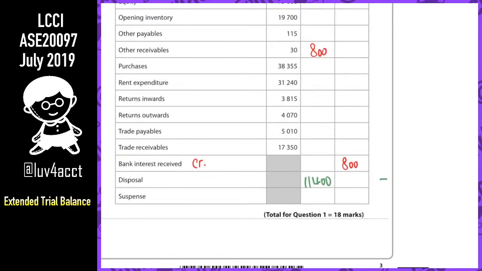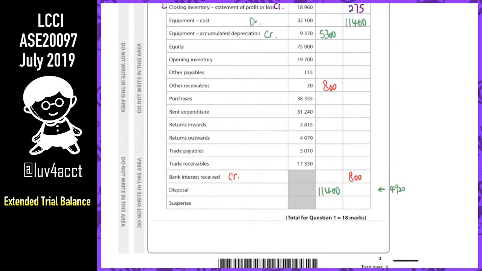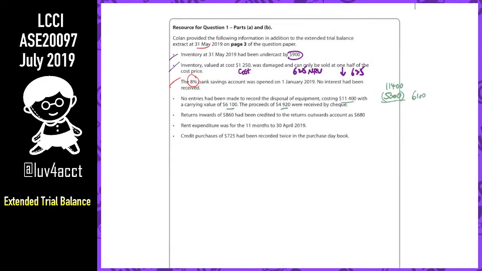So here we have 4920 plus the accumulated depreciation 5300, 10220 here. And we have a disposal loss. You can see the debit side is greater than the credit side of the disposal account. So this one is finished.